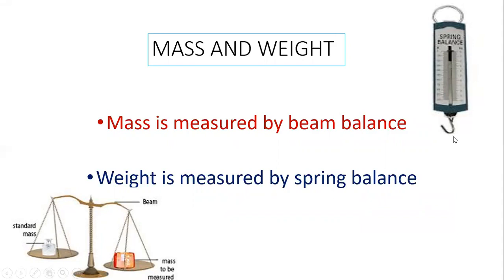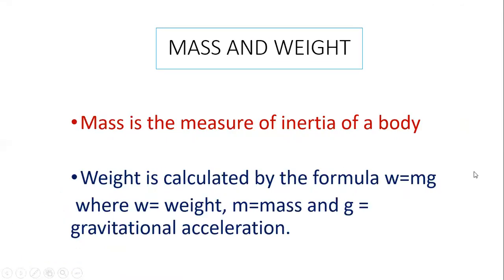You hang the object whose weight needs to be measured from this side. The pointer is right now at 0, but when you hang an object, this pointer comes down, and the scale represents the weight of the object that you have hung vertically. That is how you can find the weight using a spring balance.